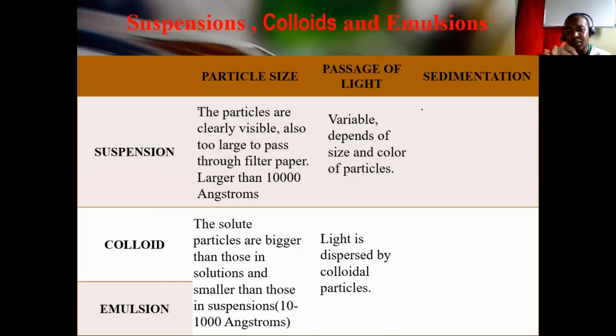And there's a name for the spreading of the light when it passes through a colloid or an emulsion. Does anyone know that term? There's a term for the spreading of light when it passes through colloids. Anyone knows that term?